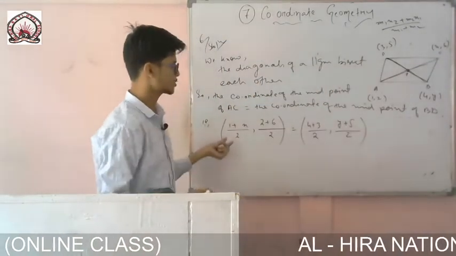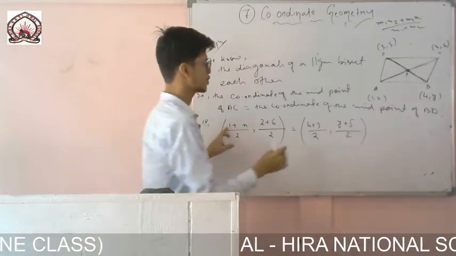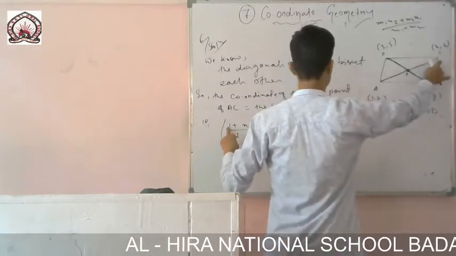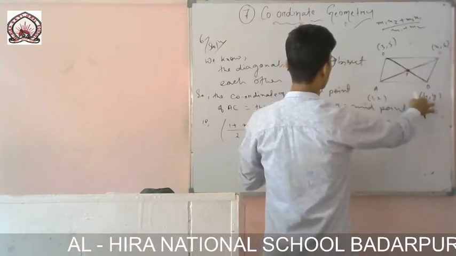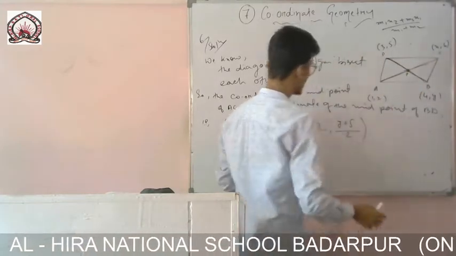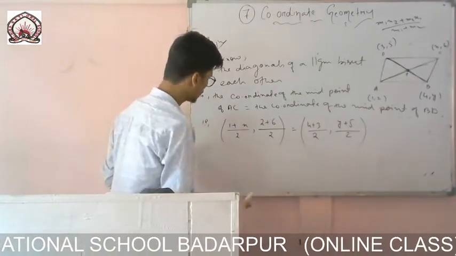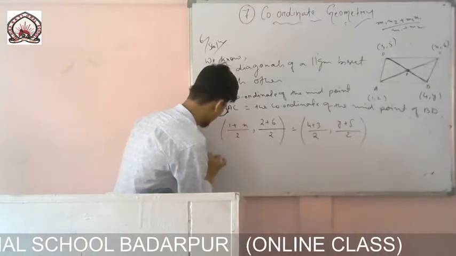The midpoint formula is x1 plus x2 by 2, y1 plus y2 by 2. So now we'll solve this one.